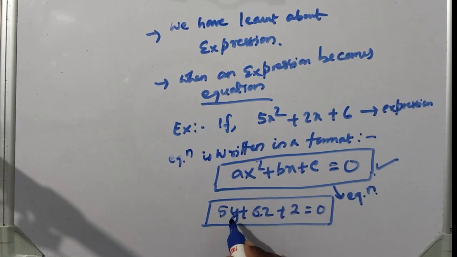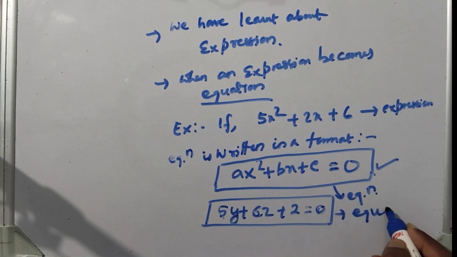So it contains variables and constants. Also there is an equal sign, that means it is an equation. Okay, so these are very important to understand: what is an expression, what is an equation, and from this we will go to what is quadratic equation and what is complex numbers. Okay.